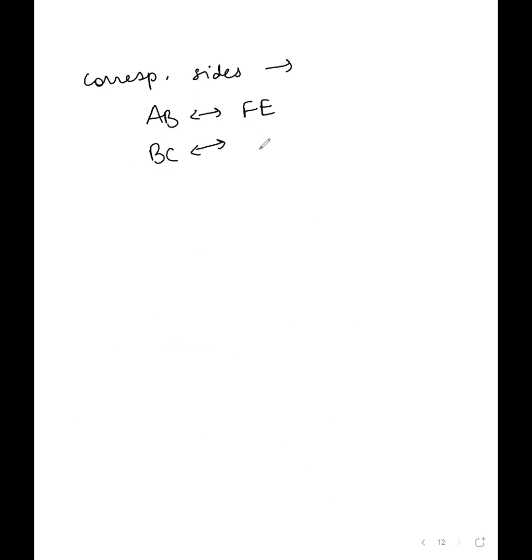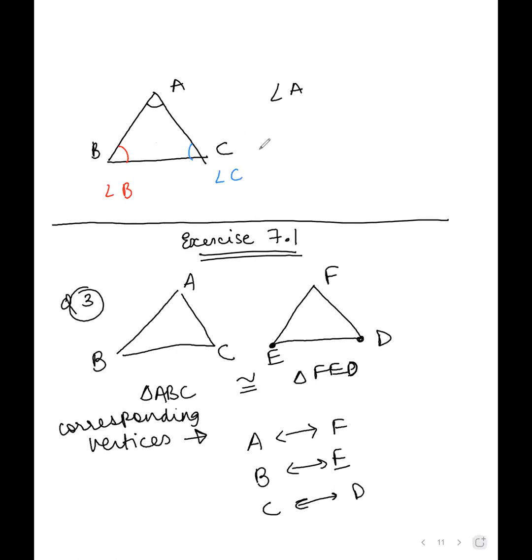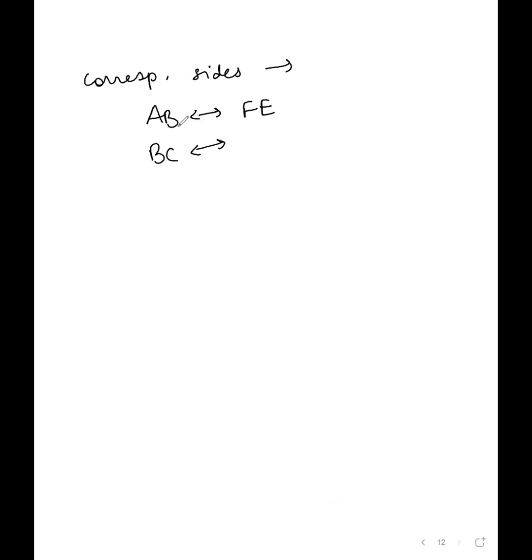And then lastly, you don't have to say side again and again. It's understood. When you say AB, it's understood that it's a side only. It can't be anything else. And then AC is corresponding to FD. FD, very good.